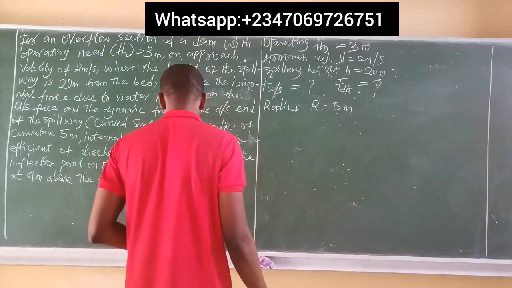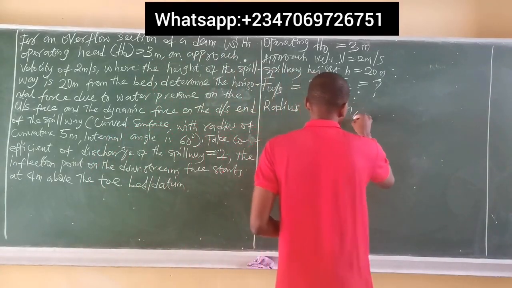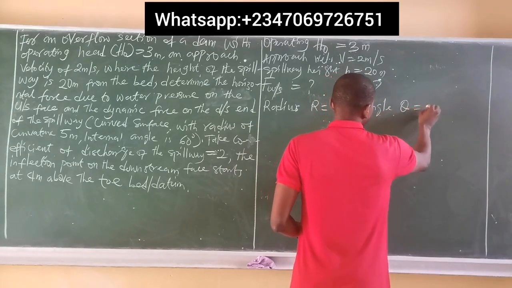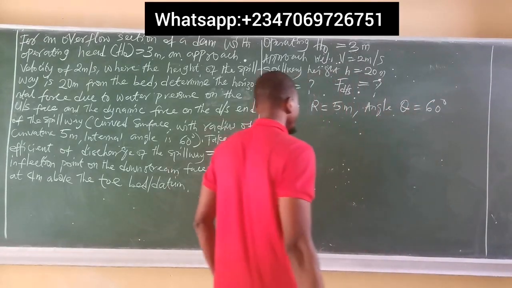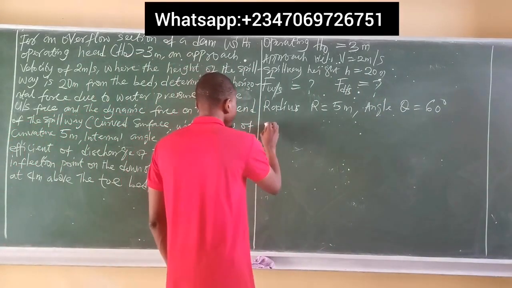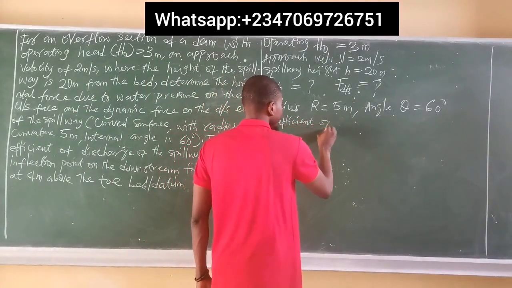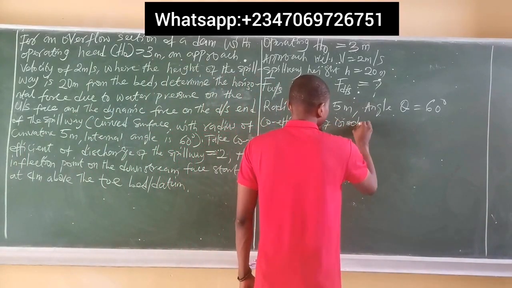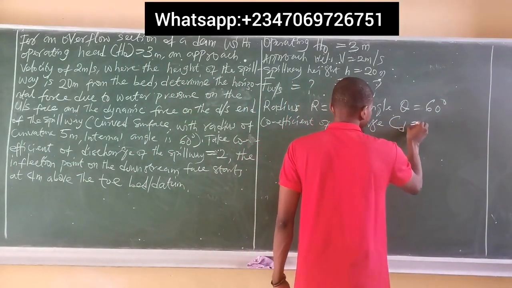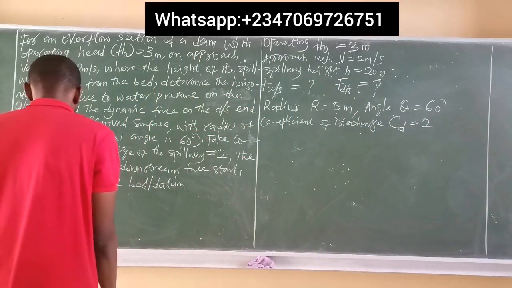We're given an internal angle, called theta, of 60 degrees. Then take coefficient of discharge. Let's simply use CD to represent it. It was given as 2.